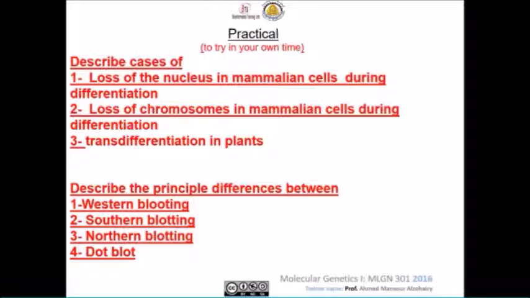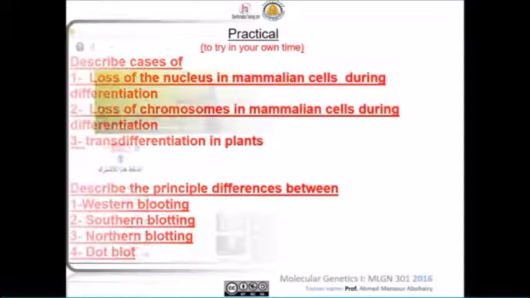You can describe the cases in which you can see transdifferentiation in plants. And for the other question, we need the student to describe the principal differences between Western blotting, Southern blotting, Northern blotting, and dot blot. What are the major differences between these four techniques?